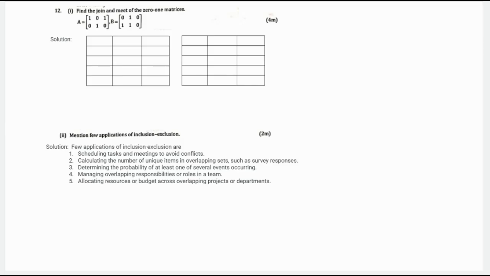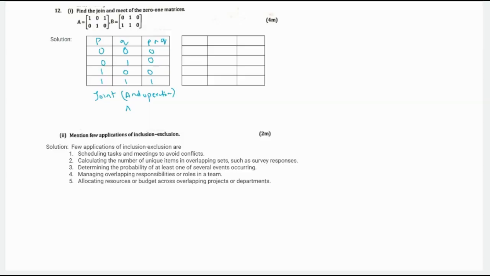For join, join is nothing but the OR operation, though it is written as join. For AND, that will be p, q: 0 0 1 1, 0 1 0 1, and AND is 1 only when both are 1, remaining all will be 0.